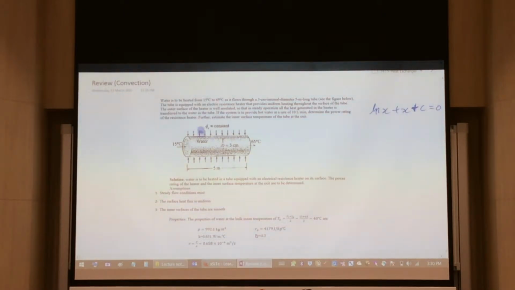So there is an electric resistance heater at the outer side such that there is a constant heat flux. Right? And heat flux is represented by your Q dot over there. Heat flux means the amount of heat transferred per unit surface area. Okay? So the units for that will be watts per meter squared.